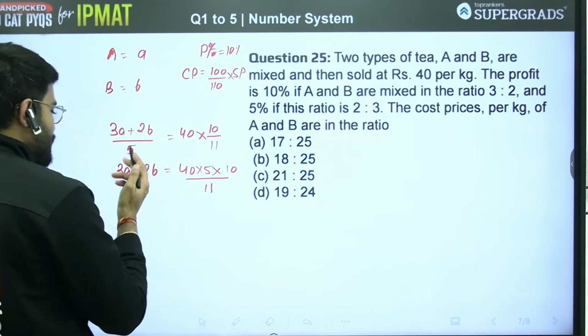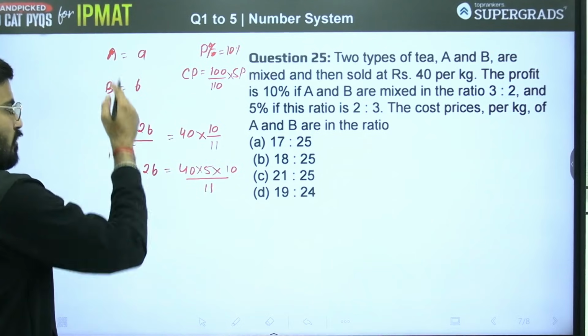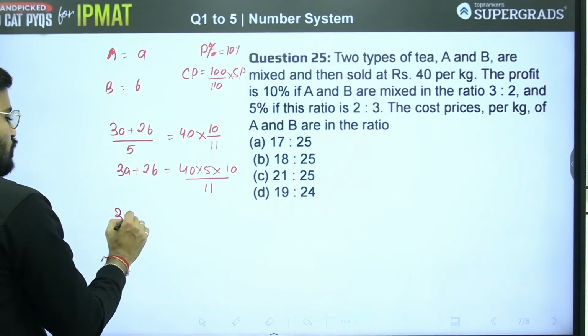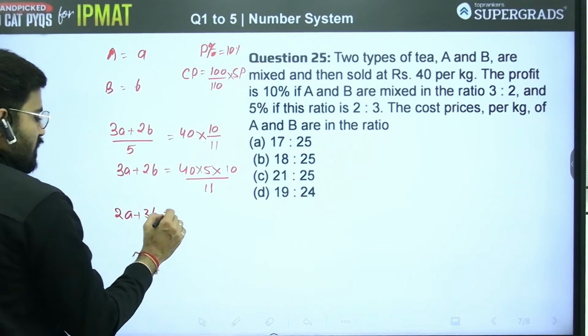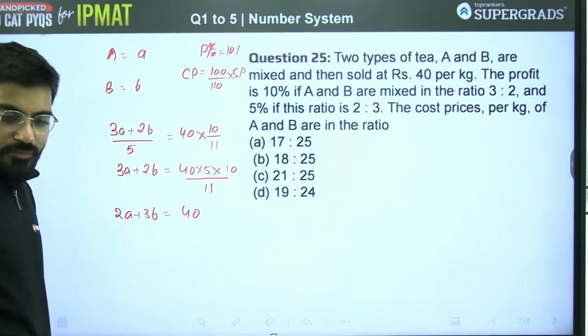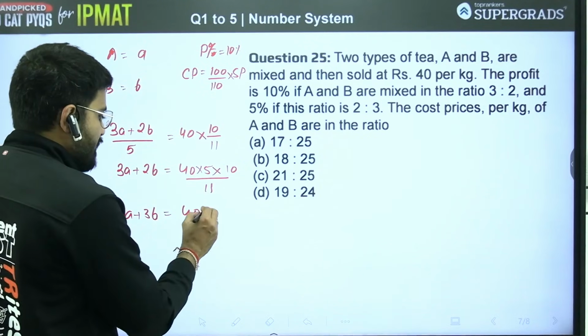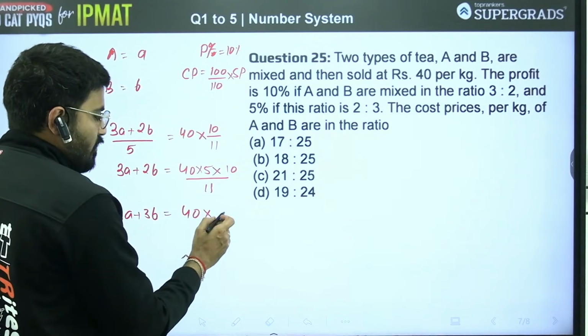And the second equation you can write directly. Now you have followed all the procedure here, so do not follow everything here. You know the ratio is 2A plus 3B is equal to, your selling price is same. Your selling price is same, but your profit percentage is 5%.